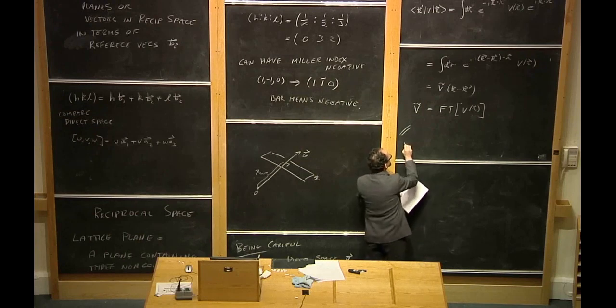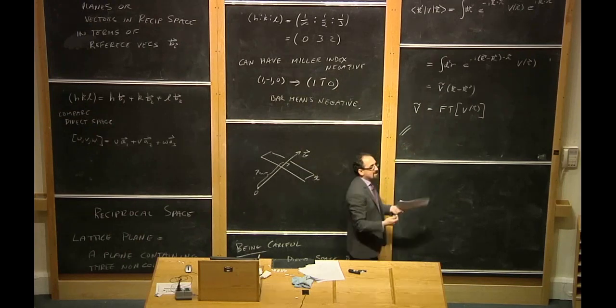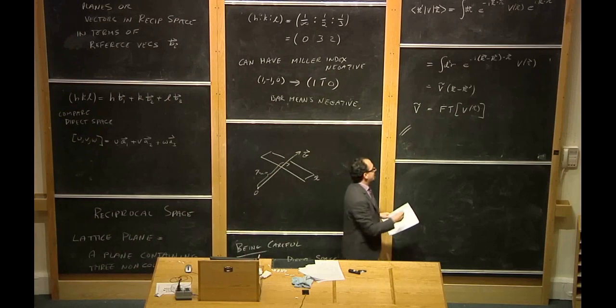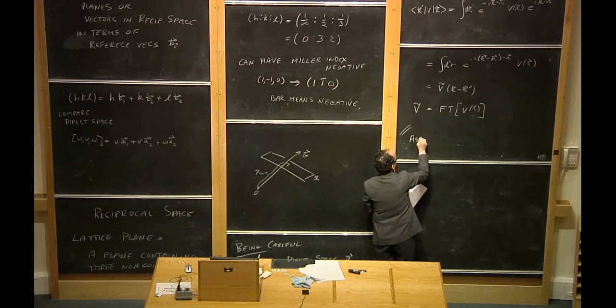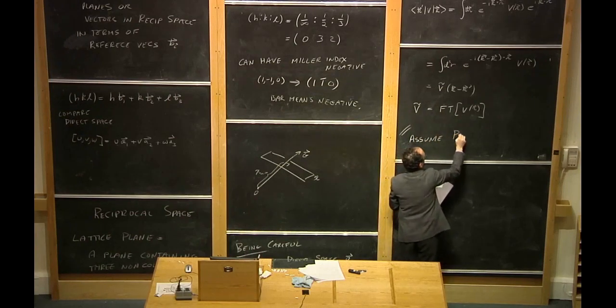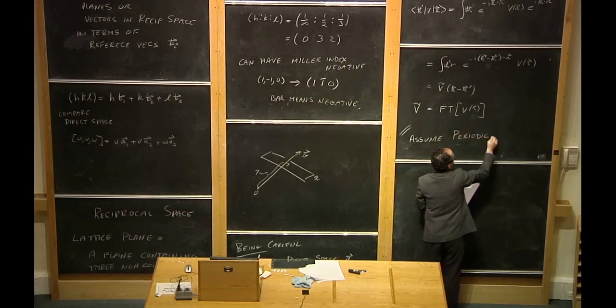Now, in the last lecture, we considered Fourier transforms of periodic functions. So we're going to assume we have a crystal, a periodic scattering potential v of r.